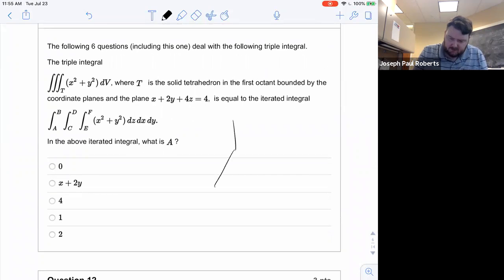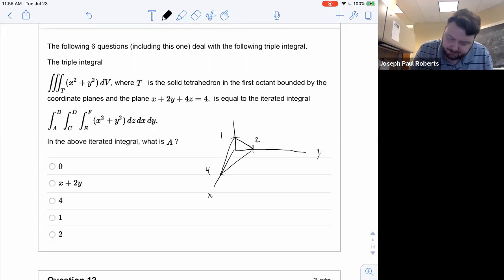So I think we've done several examples like this. You can set two of the variables equal to 0 to figure out these x, y, and z intercepts to help you sketch what's going on. So the part of the plane in the first octant is going to look like that tilted triangle right there.